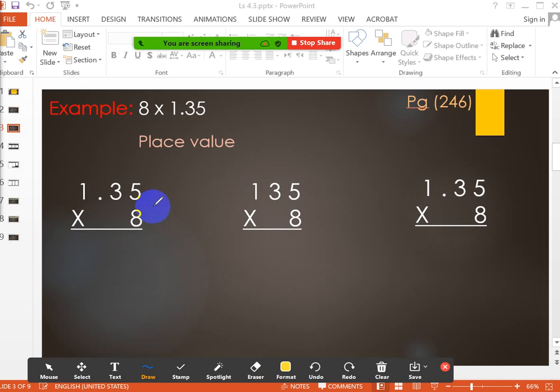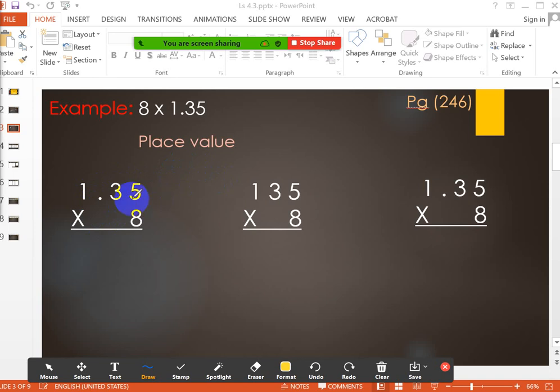First, to find the multiplication, my issue here is the decimal point, right? So I will return to the patterns that we talked about last lesson to help me remove this decimal point.